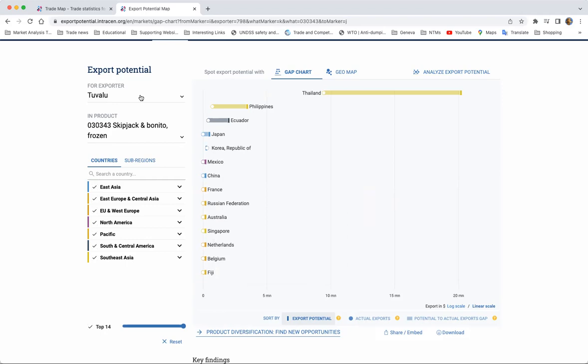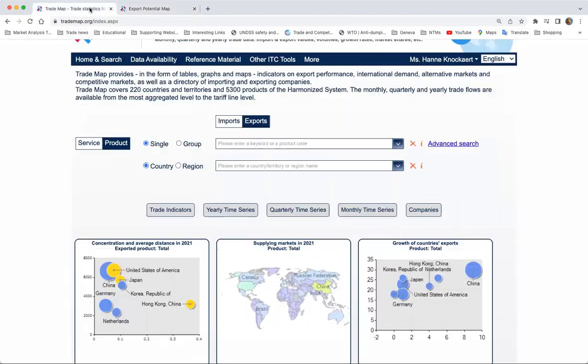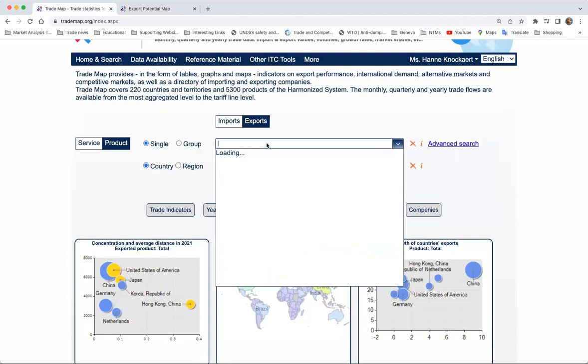It also comes up as a very interesting product for Kiribati. So I think this could be an interesting example of how to use the tools. But again, you can use these tools for any product that you want. It's just a matter of finding the right harmonized system code in the tools.